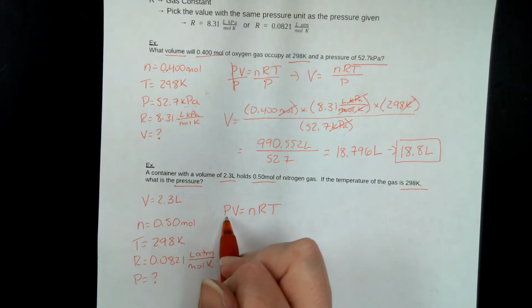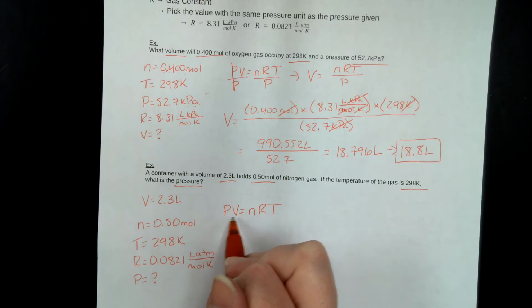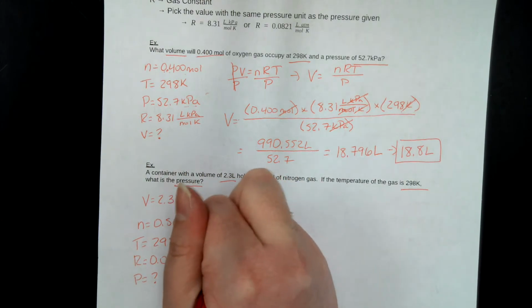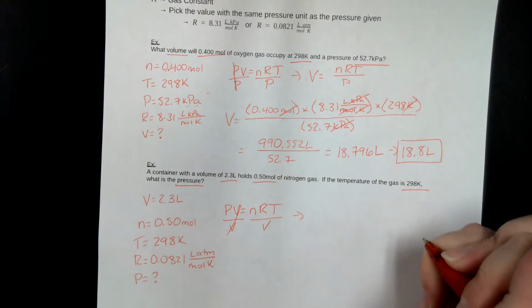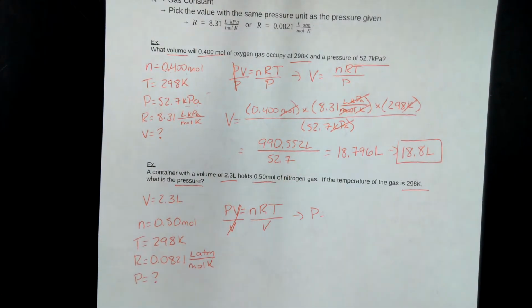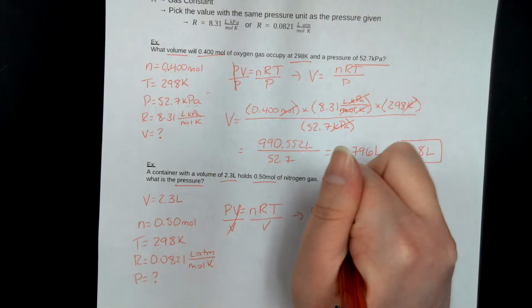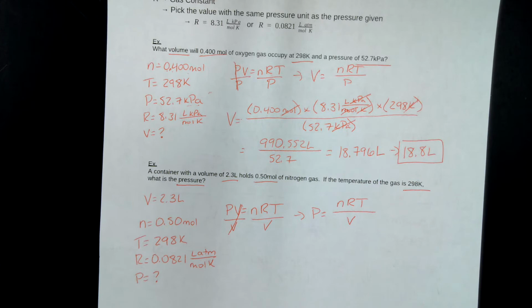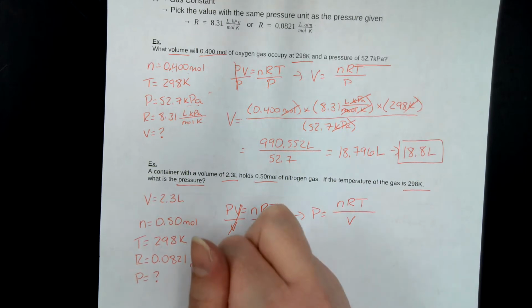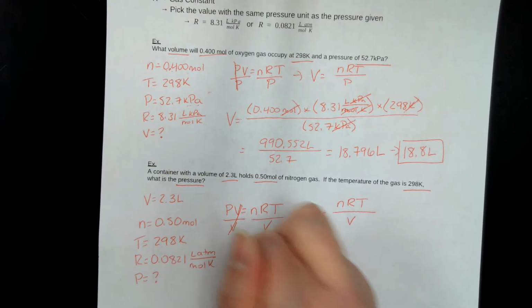Now we're solving for pressure. So I want pressure by itself. I can divide out volume from both sides and be left with an equation. Pressure is equal to nRT over V. So plug in my values now.